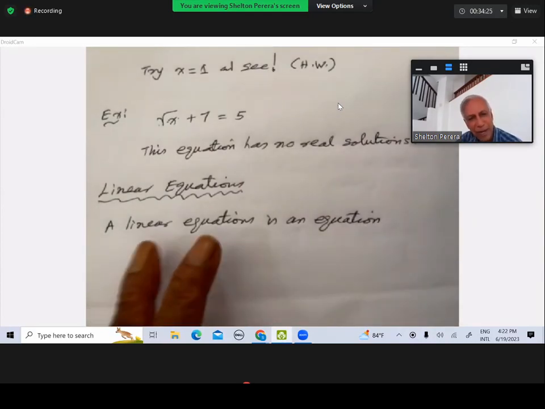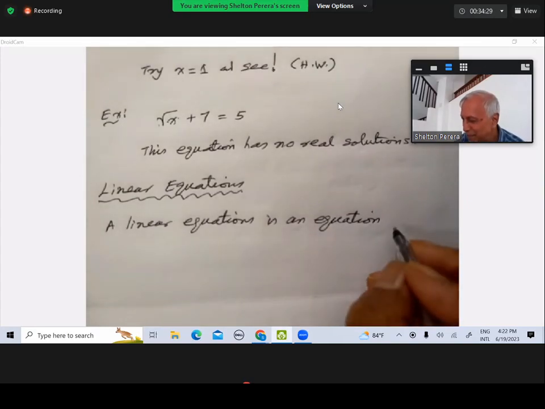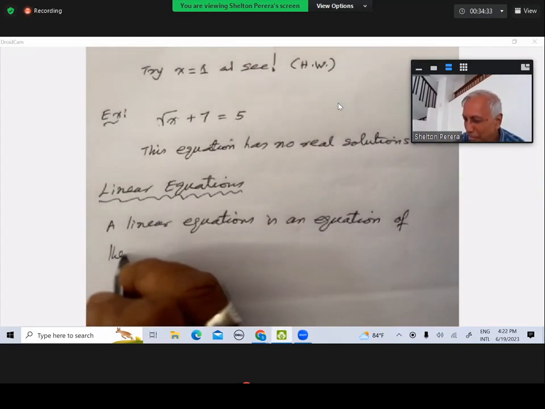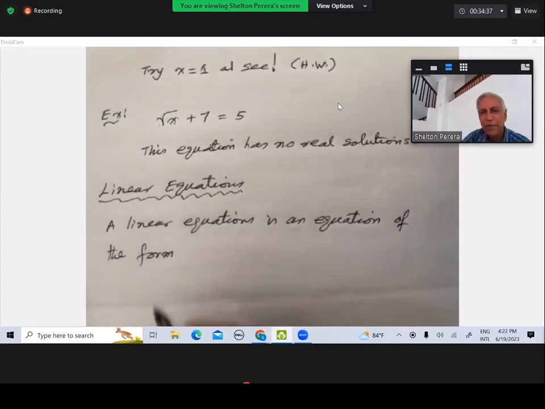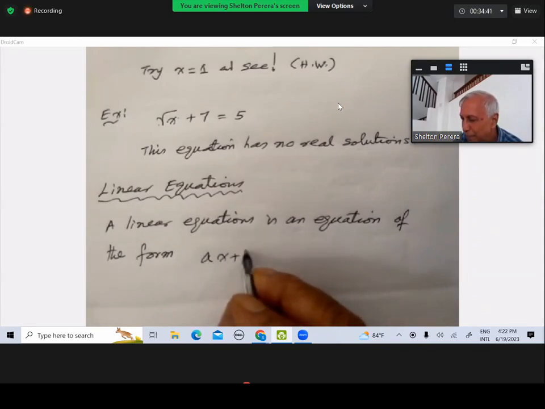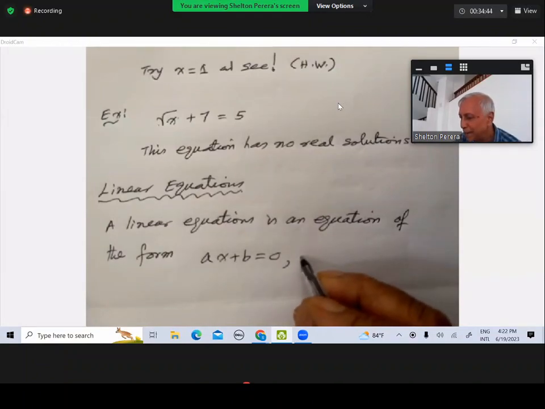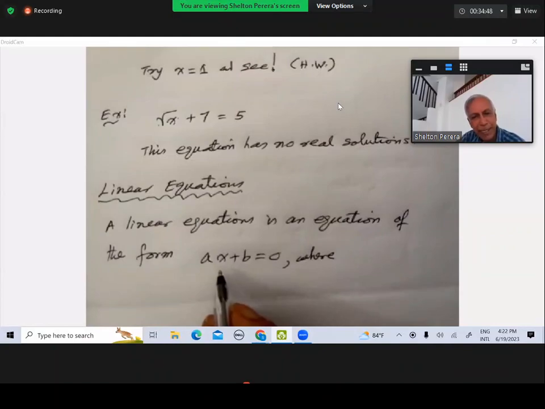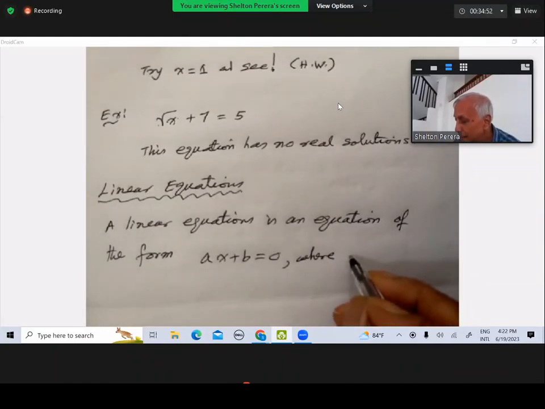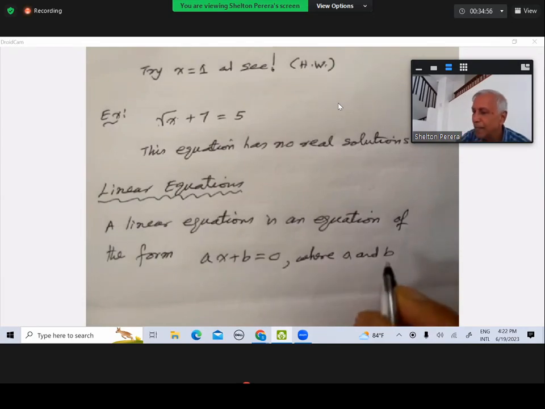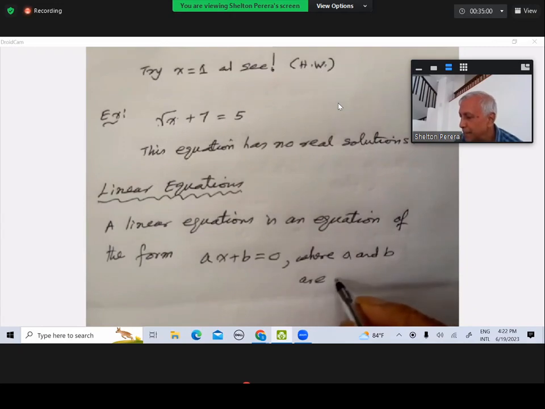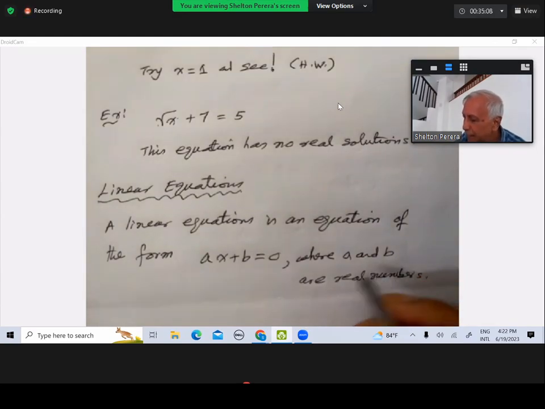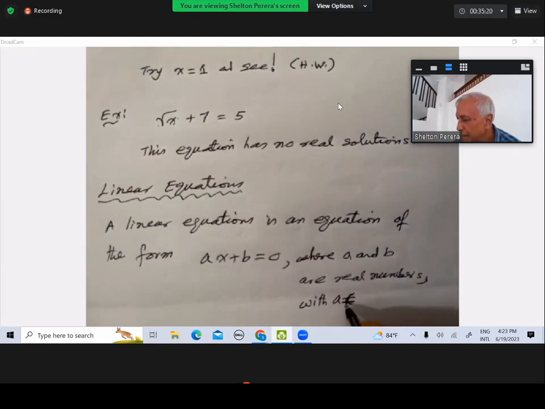A linear equation is an equation of the form ax plus b equal to 0, where a and b are real numbers with a not equal to 0. We know x is the unknown symbol, no?